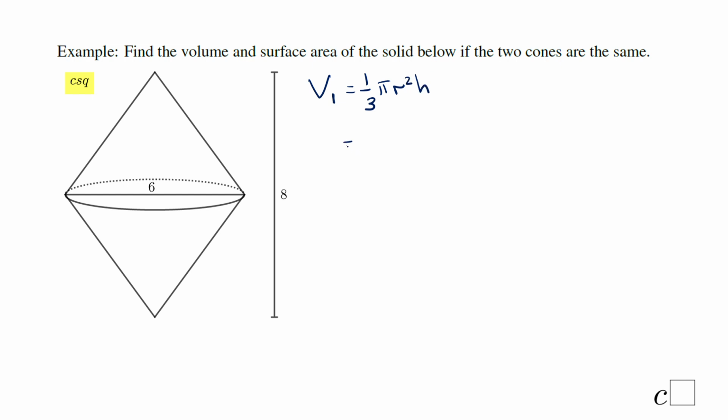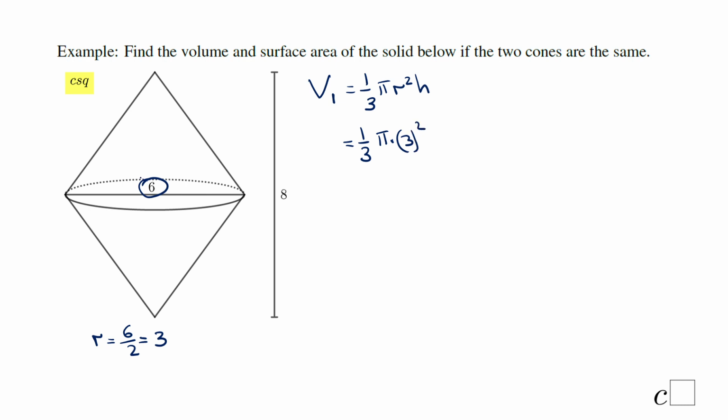So let's see if we have all these things. I think we have 1 over 3 pi times the radius. If you notice, this is 6. So the radius will be half of the diameter, if you remember that, we did that today. That will be 3.